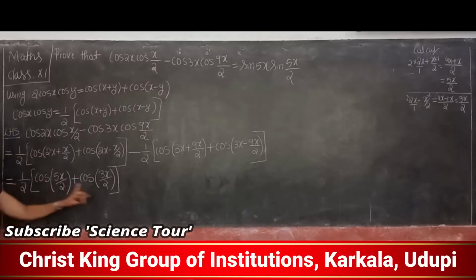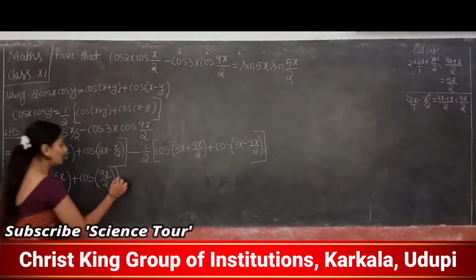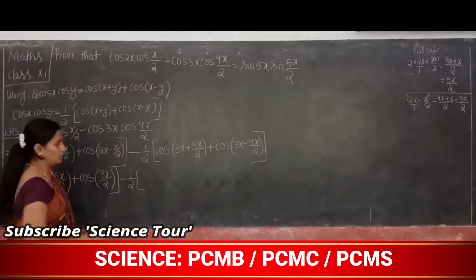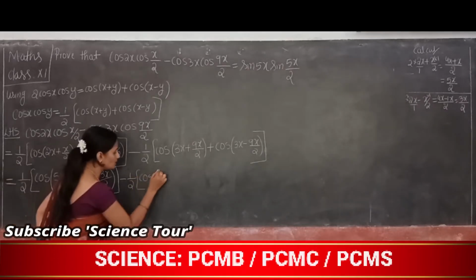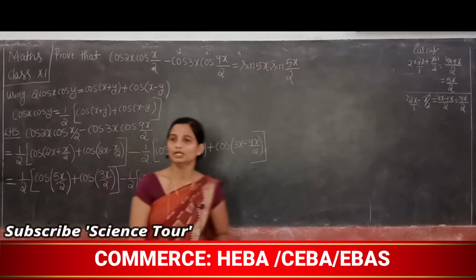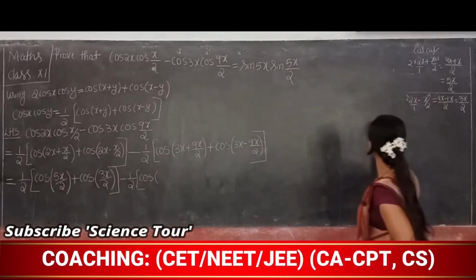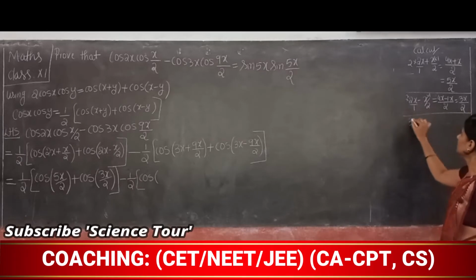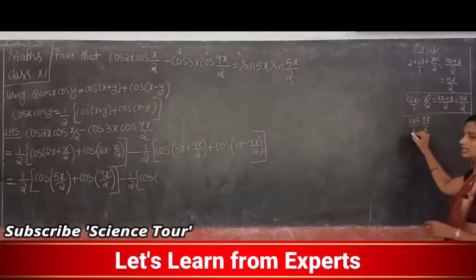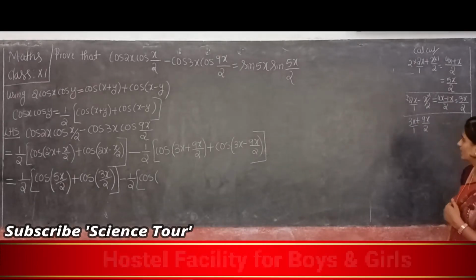Clear? Close this bracket. Minus 1 by 2 into cos again, 3x plus 9x divided by 2. So 3x means what? 3x divided by 1.